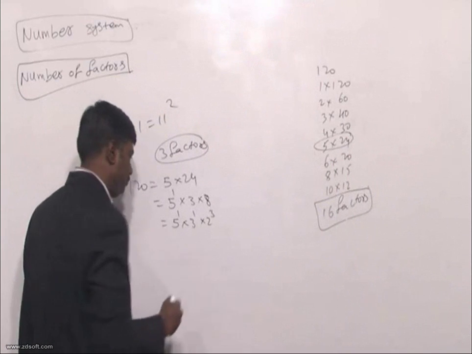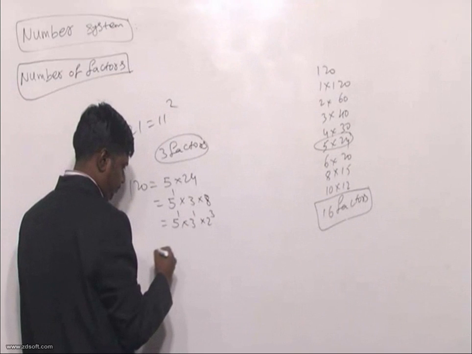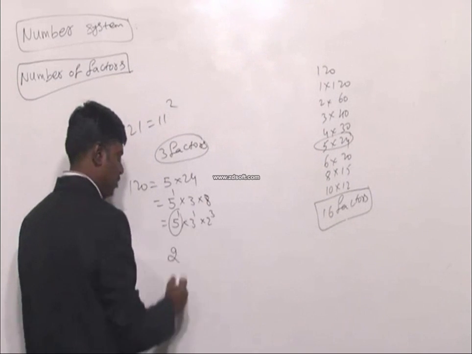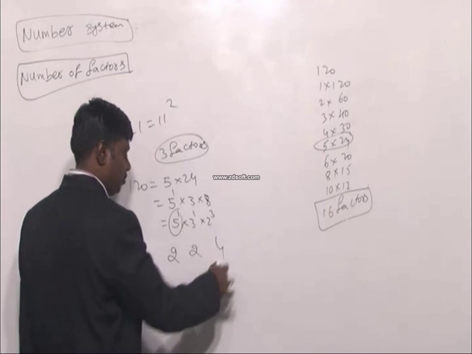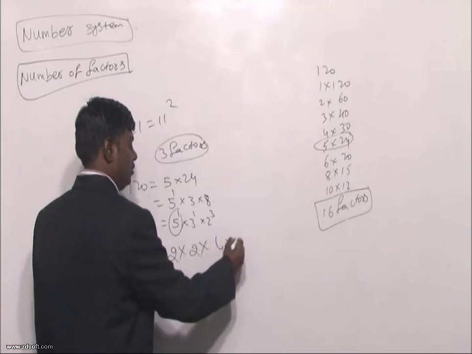So 5 power 1 has how many factors? 2 factors. 3 power 1 has how many factors? 2 factors. 2 power 3 has how many factors? 4 factors. Combination of these with these with these, 16 factors.